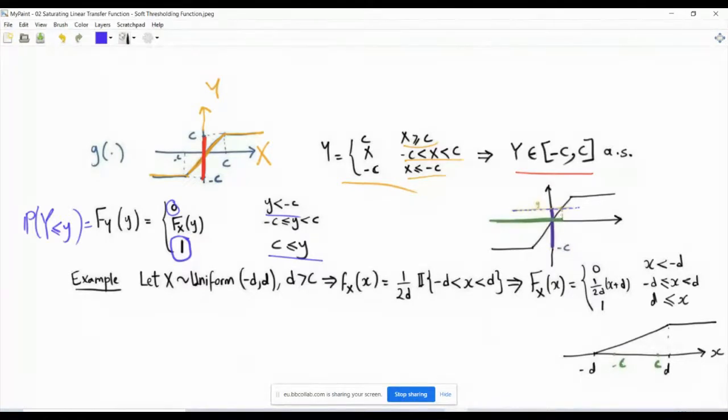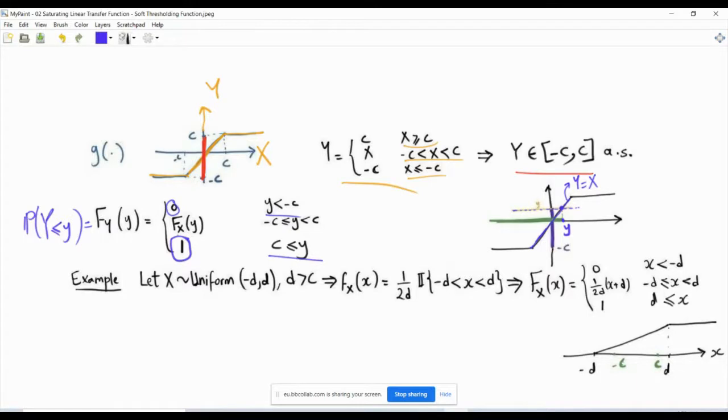Basically, all the x values below small y, right? Because remember that over this straight line, we have y is equal to x. And so if the y coordinate of this point is a small y, then this is small y also, right? And so to get big Y to be less than or equal to small y, big X should be less than or equal to small y.